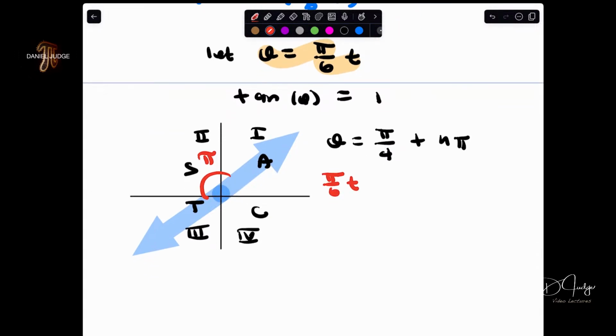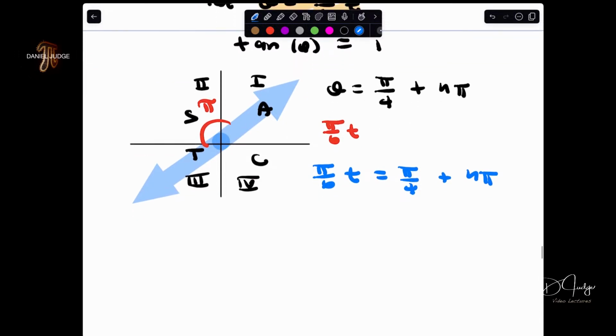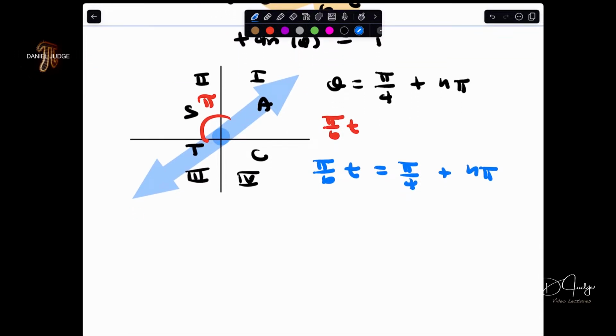And what that gives you is pi over 6t will be pi over 4 plus n pi. Multiply both sides by 6 over pi, so you guys can see this.